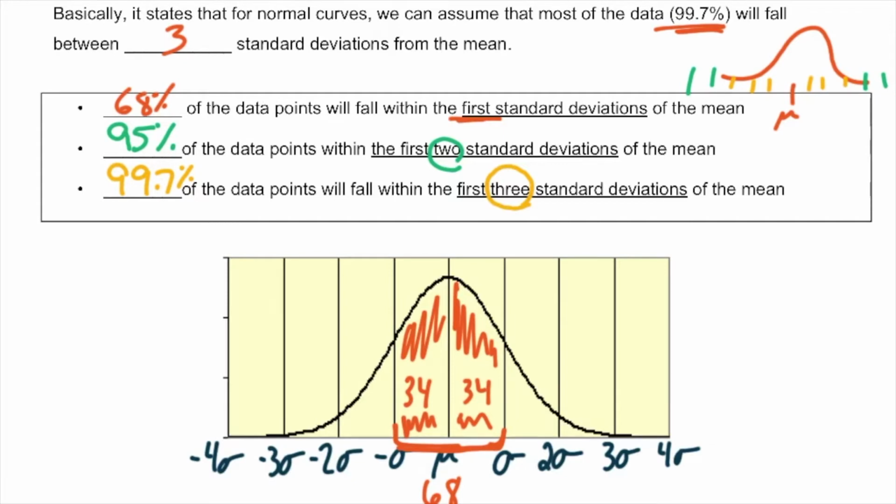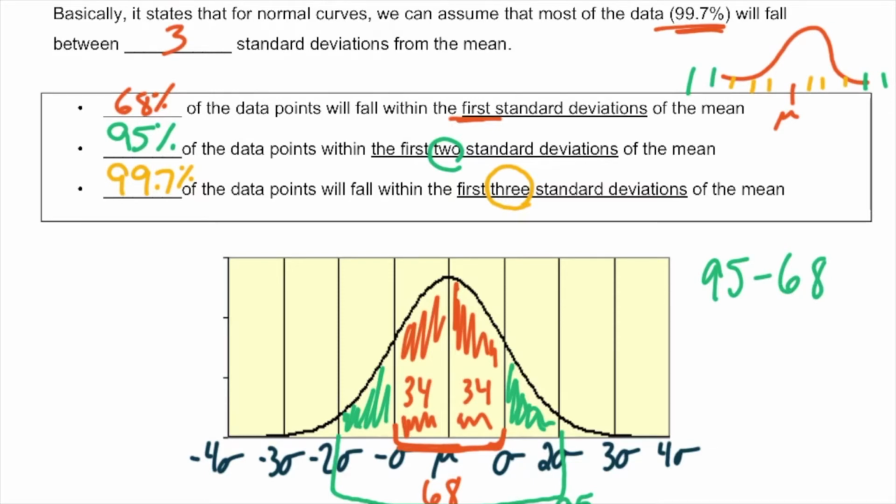So the next piece is going to be 95%, and that's falling within 2 standard deviations. So 95% of our data is between those 2. So now we need to do a little bit of math to figure out what this chunk and this chunk represent. And remember, it's symmetrical, so both of those green squiggles are going to be equal. So if we know that 95 is all of this, then I'd want to take that 95 and get rid of the 68 that we've already talked about.